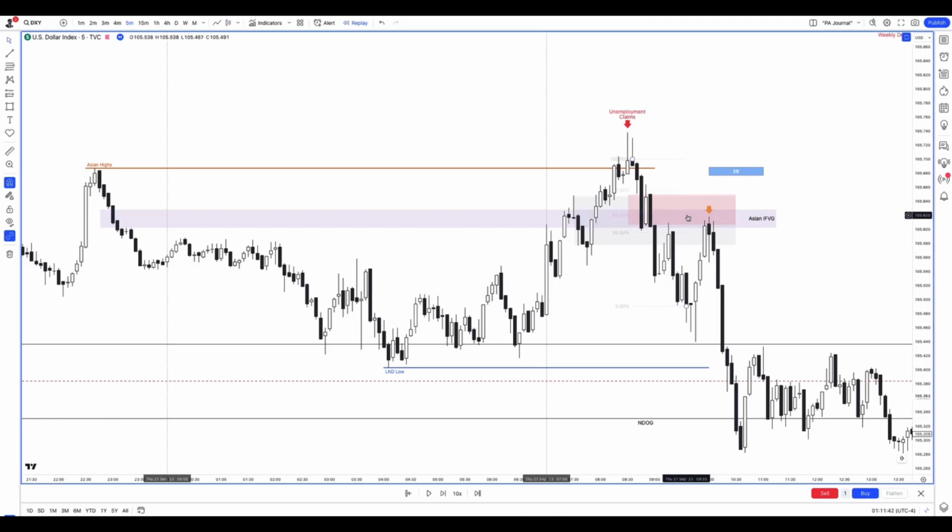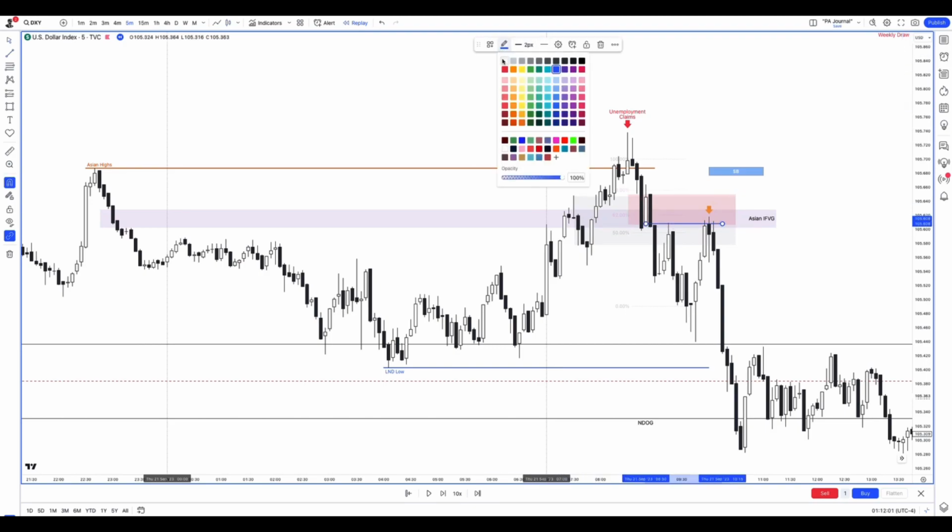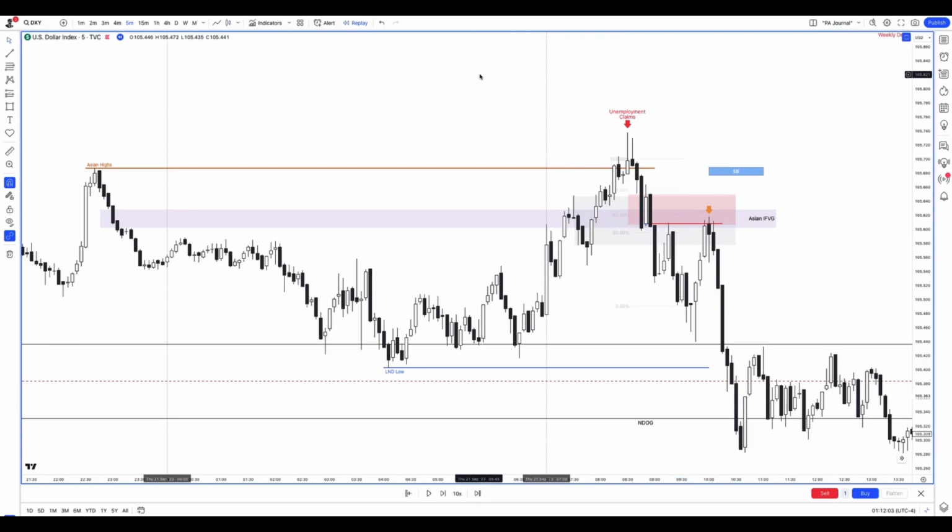Retrace back into the 62% fib, which I don't really care about. All I care about is the 50%. If we're trading above that into the nested area, then that's my position. And we can see that it was nested again with another order block. So look at the amount of PD arrays that nest together when selecting a high probability PD array.